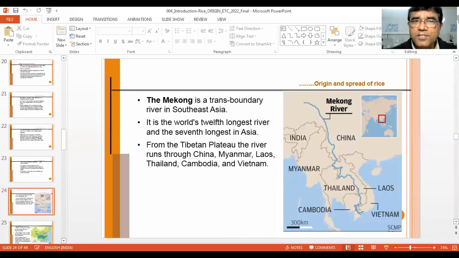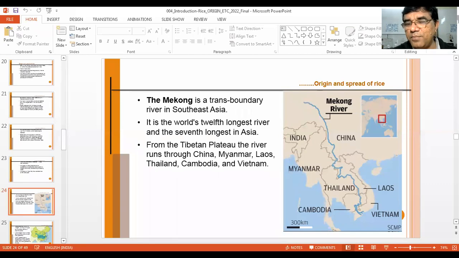Now, you see this Mekong area is very, very important. The Mekong is a transboundary river in Southeast Asia. It is the world's 12th longest river and 7th longest in Asia. It starts from the Tibetan Plateau. You can see the blue line in the map, and it runs through China, Myanmar, Laos, Thailand, Cambodia, and Vietnam.